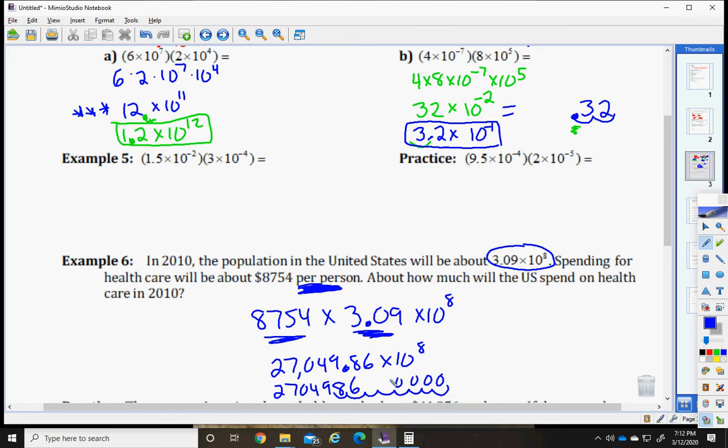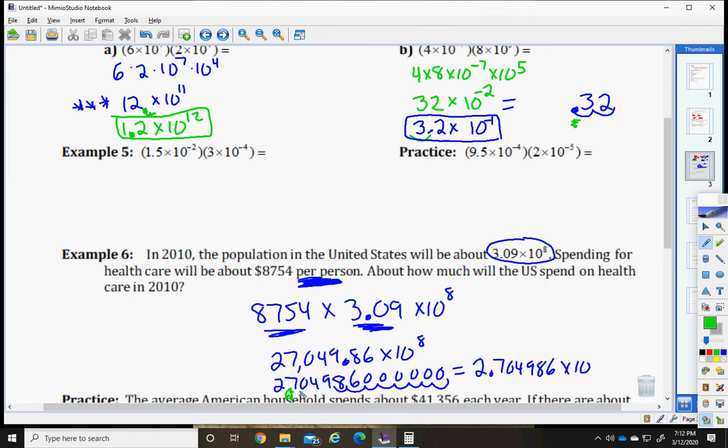And say you're done. Or maybe you want to write it in scientific notation, and count how many places. 1, 2, 3, 4, 5, 6, 7, 8, 9, 10, 11, 12. So either one would be acceptable.